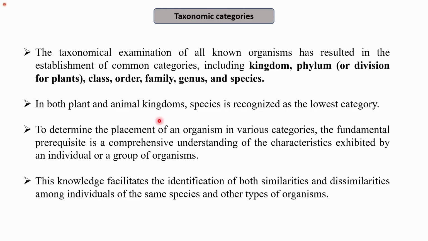This knowledge is the identification of both similarities and dissimilarities among the individuals of the same species and other types of organisms. Until we have that information, we will not be able to identify similarities or differences with individuals of a different group.